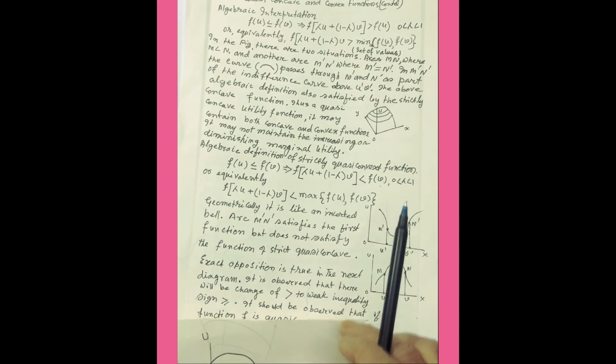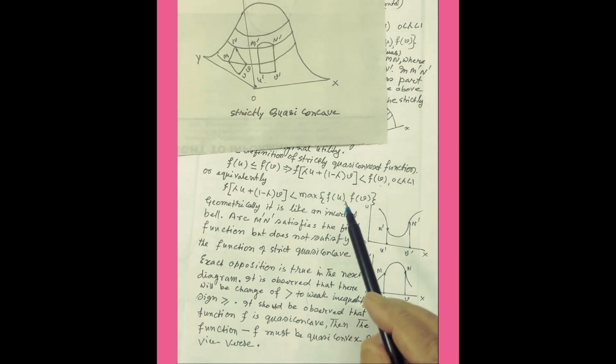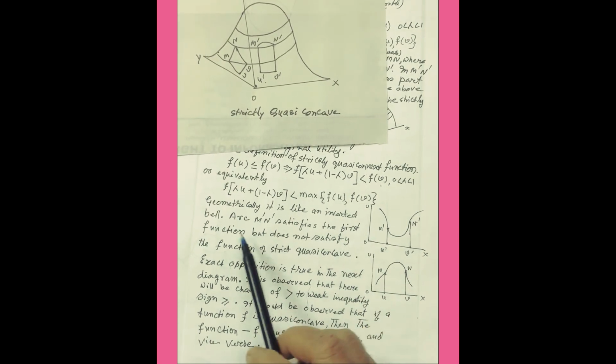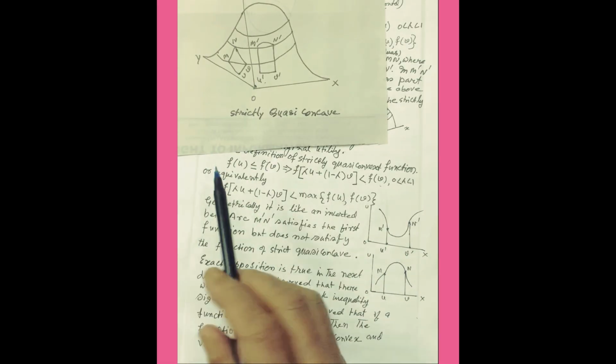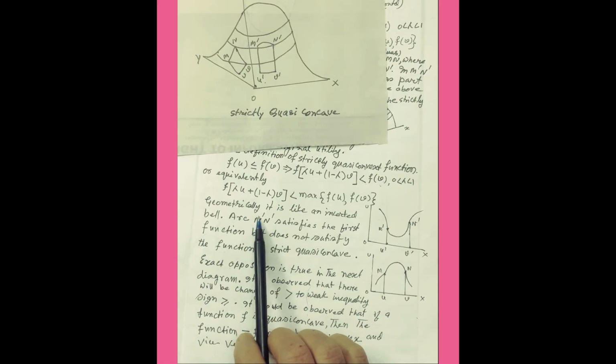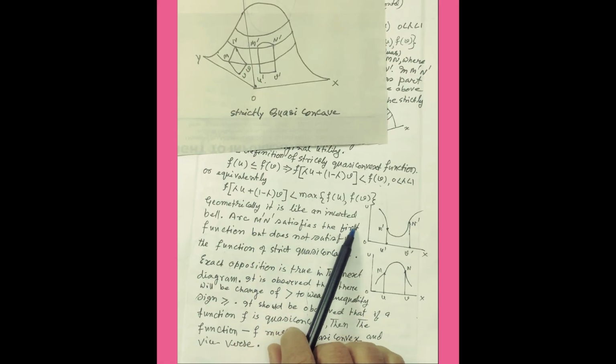So geometrically, it is like an inverted bell. We have shown the strictly bell-shaped one, but if we invert it, it looks like this. So geometrically it is like an inverted bell.